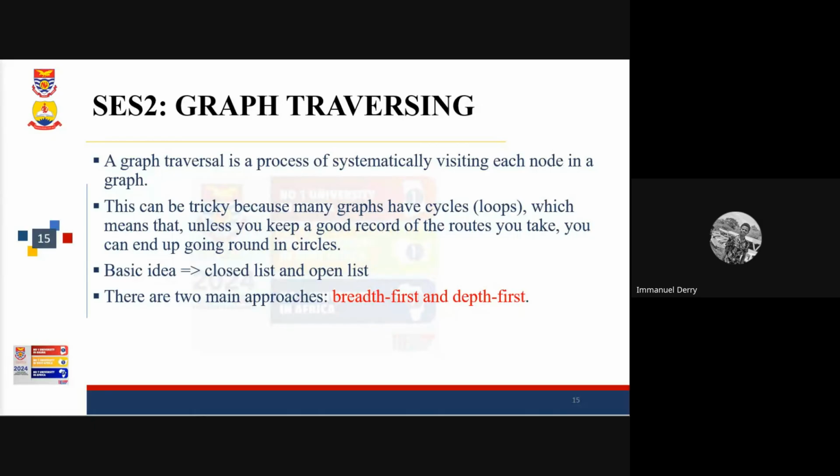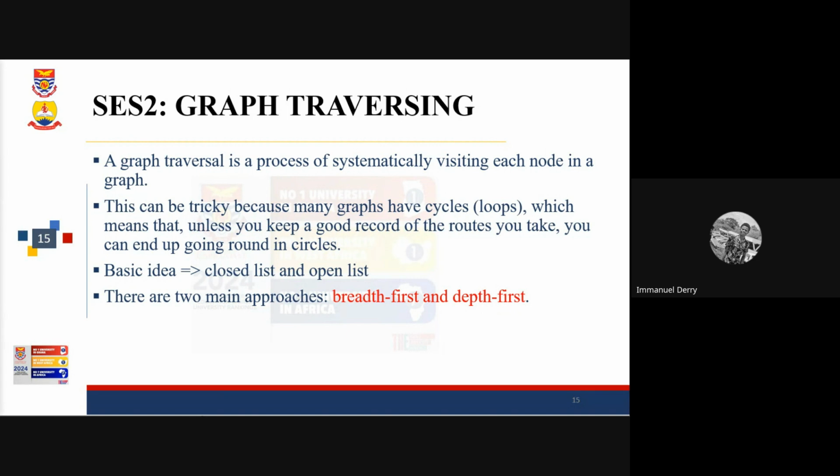So it is very important that we keep track of the various nodes that we have visited and the ones that we are yet to actually visit. So the basic idea is that we keep a closed list and we keep an open list. So the closed list will give us the idea of which of the nodes or which of the cities we have visited and which ones are left for us to visit. Those are going to be in the open list.